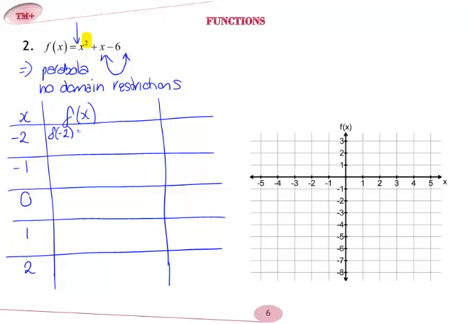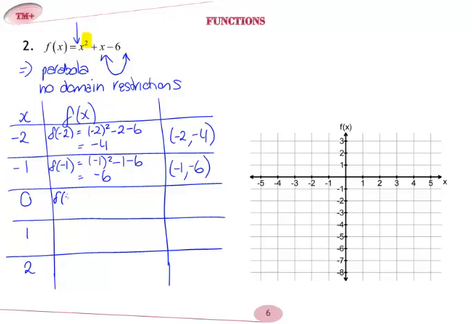f of -2 equals (-2) all squared minus 2 minus 6. Remember that's in brackets because (-2) all squared becomes +4. So the answer is -4 and my coordinates are (-2, -4). f of -1 is going to be (-1) all squared minus 1 minus 6, which gives me -6.